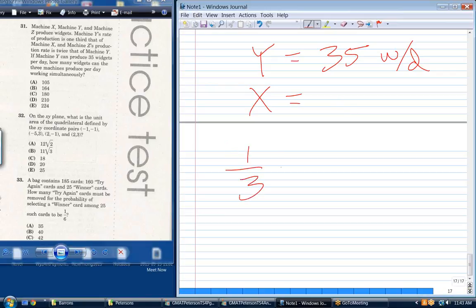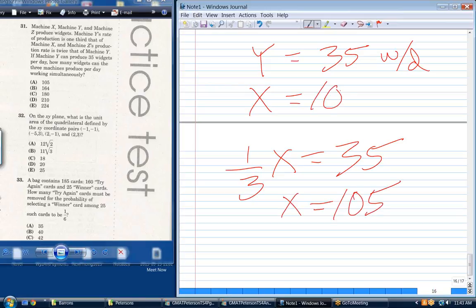We know that 1/3 X equals Y. So what is X? If we solve this equation for X, we get 105. So X can do 105 widgets per day.